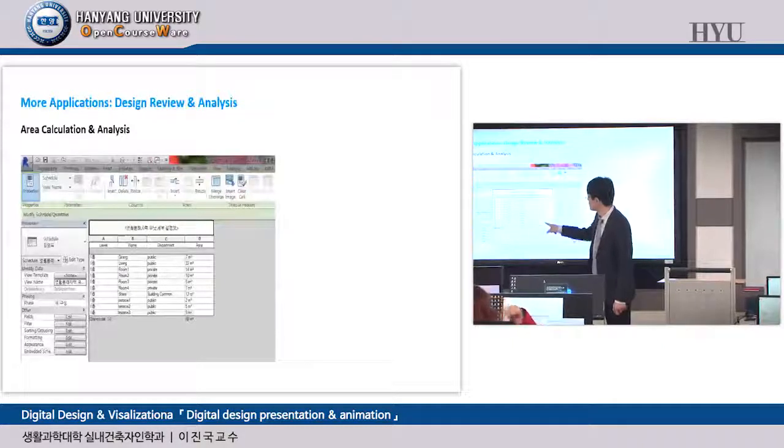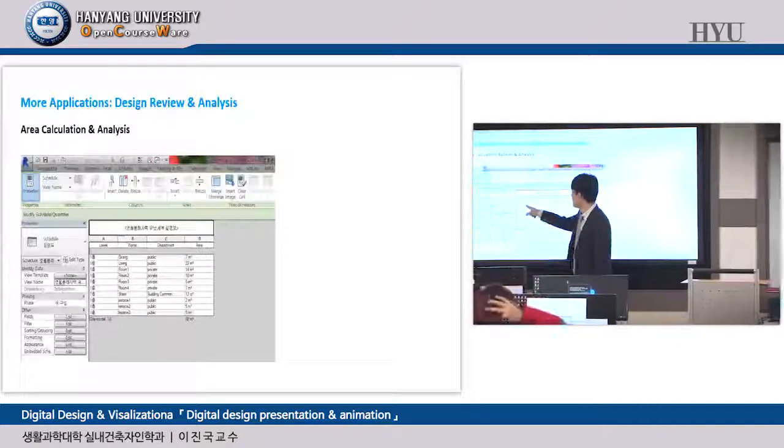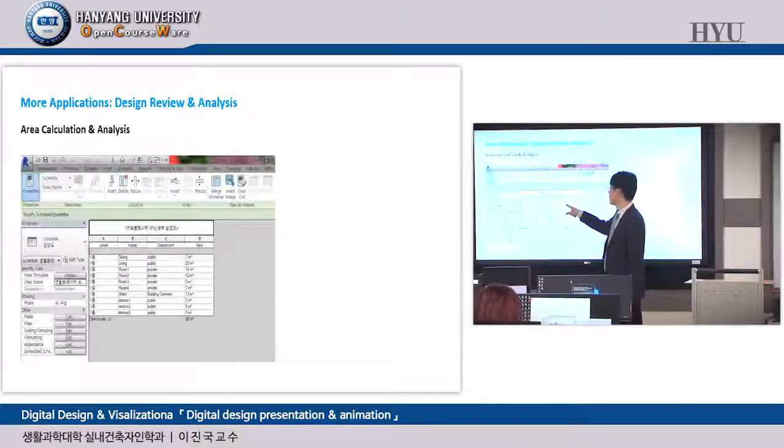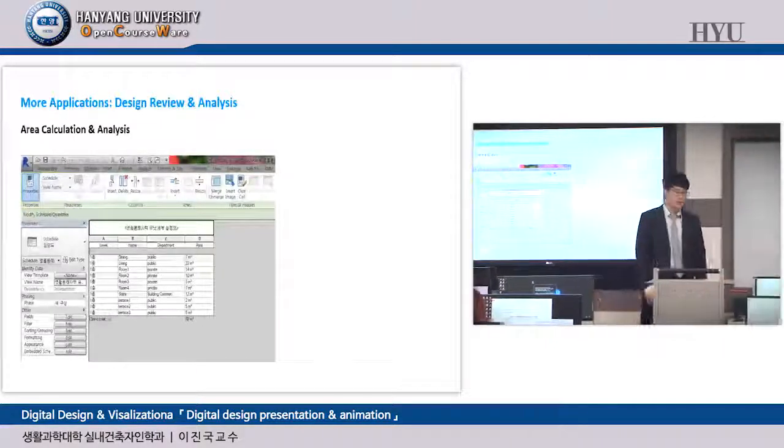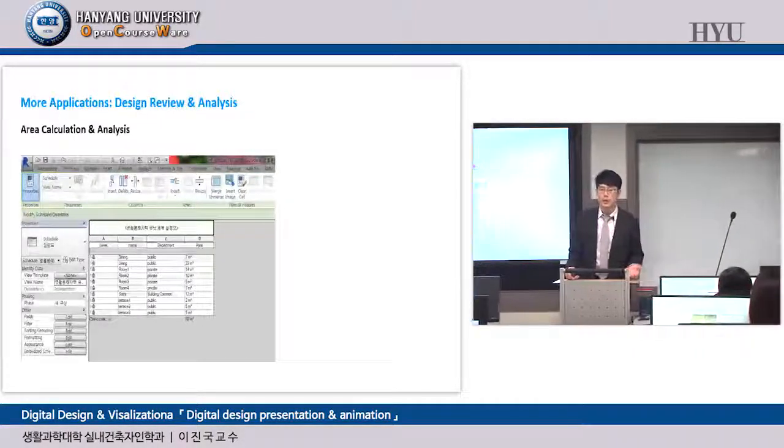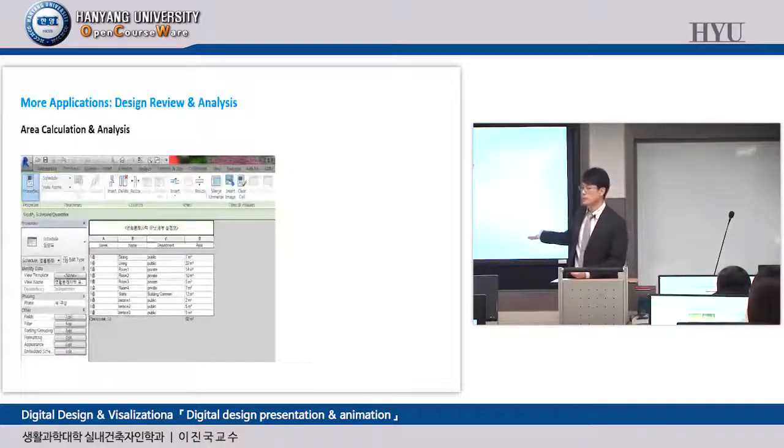Very easy to calculate its area. Revit knows this dining room has 7 square meters, okay? This living room has 22 square meters, precisely measured by Revit, okay? It's not measured by a human manually, it's automated calculation.